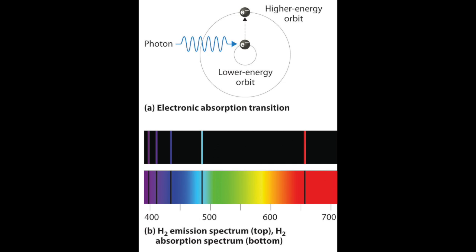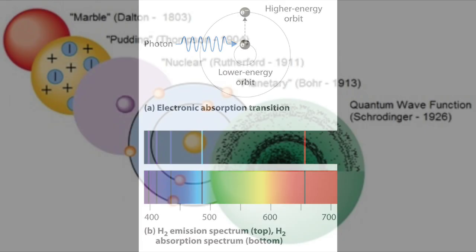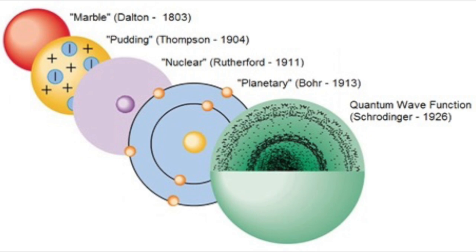I should say that every element had a unique spectrum because the exact energy levels would differ depending on exactly how many protons the atom had, how many electrons there were, and stuff like that. Complicated interactions of these things produced slightly different energy levels for each element, and therefore each element had its own unique emission spectra, which was explained in this way by Bohr's model.